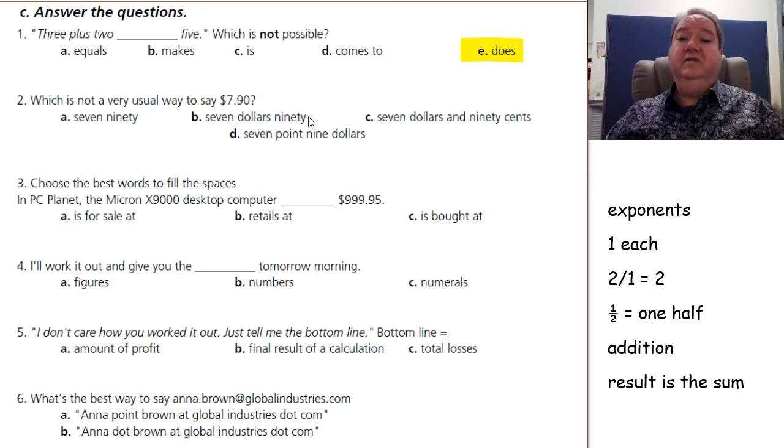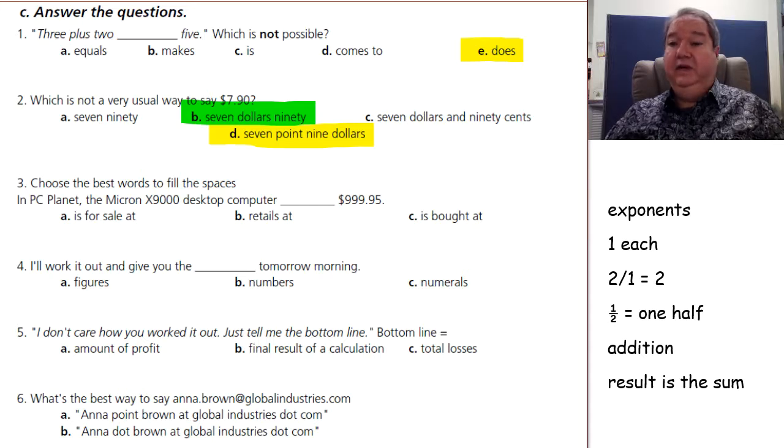What about $7.90? Maybe. $7.9? No, that is not correct. $7.90, I've never heard anybody say that in the U.S. Maybe that's how British people would read it, but I would not use this one.